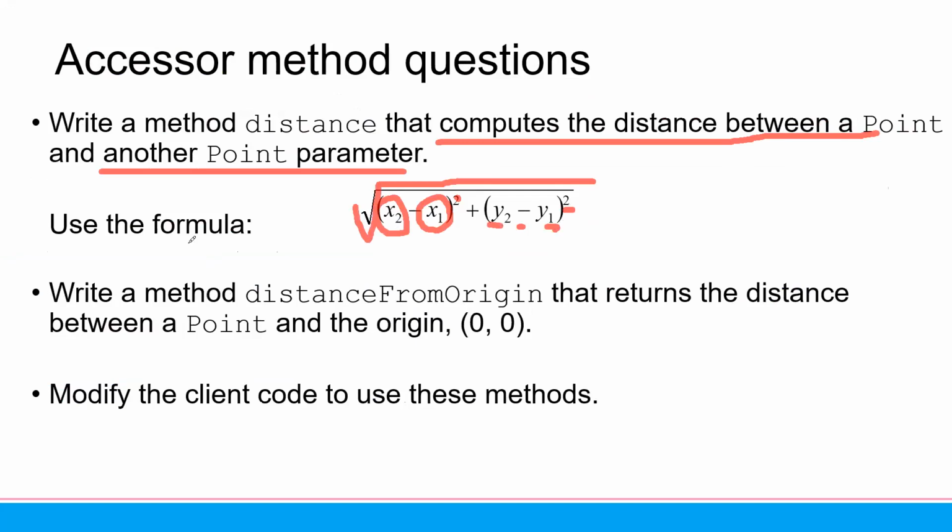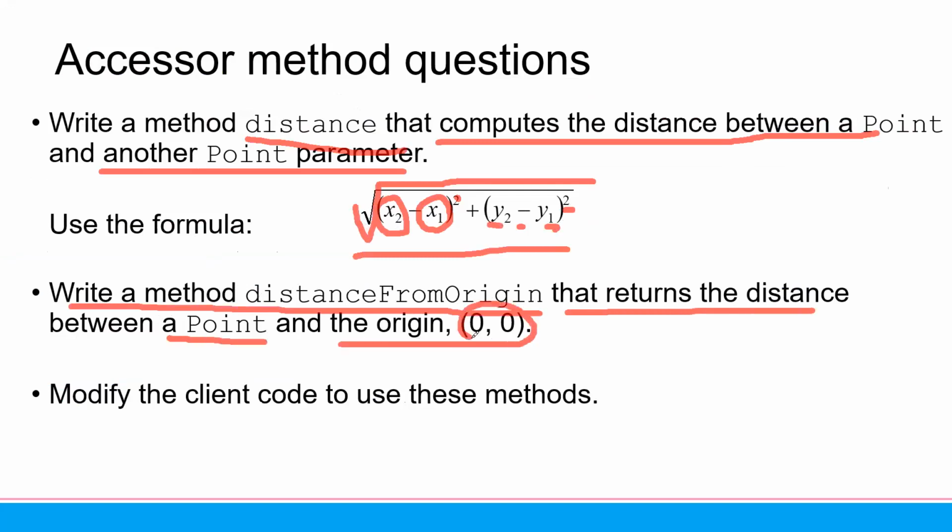So let's write the distance with this formula, and then let's write the distance from origin that returns the distance between a point and the origin, which is 0, 0. And then let's modify the client code to use this method, to use the distance and distance from origin.